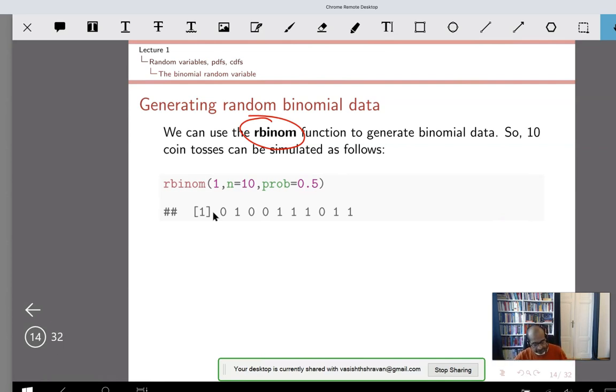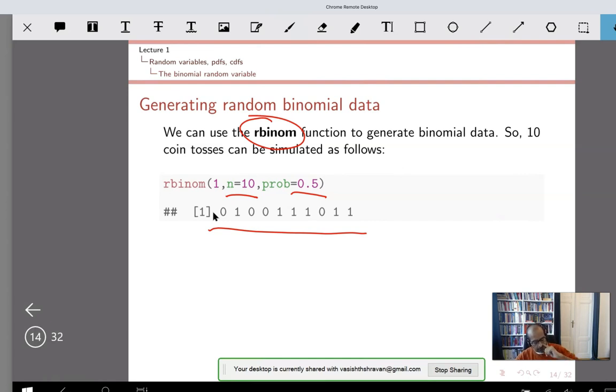So I can simulate a coin toss done 10 times, put n equal to 10, and specify, just as an example, that the probability of success is 0.5. What I produce in this experiment is a sequence of zeros and ones. Zeros are tails and ones are successes. So that's the mapping in the support of x between possible outcomes.